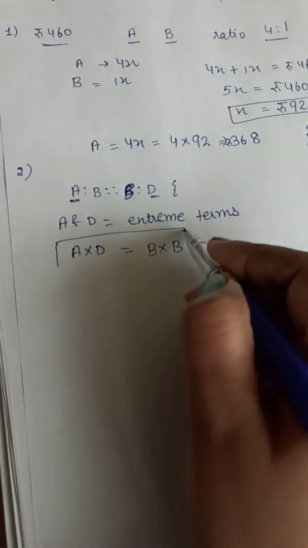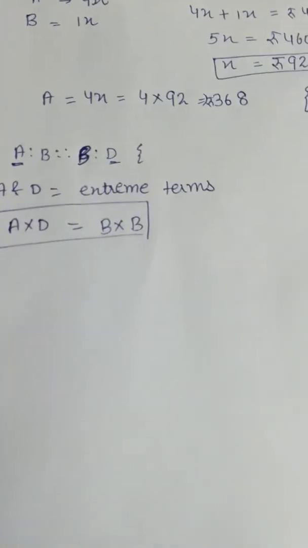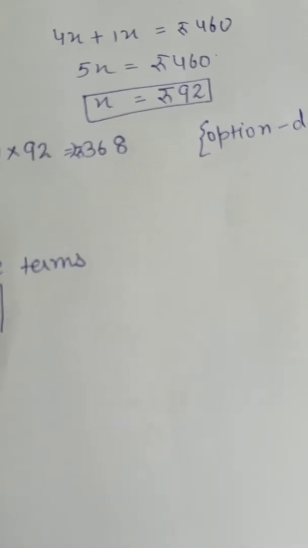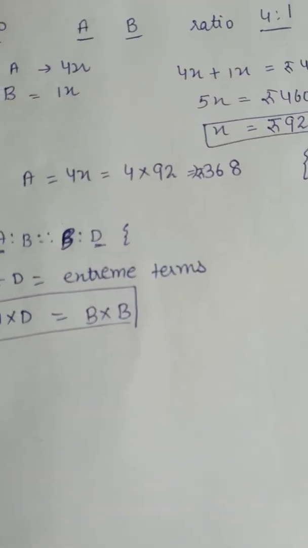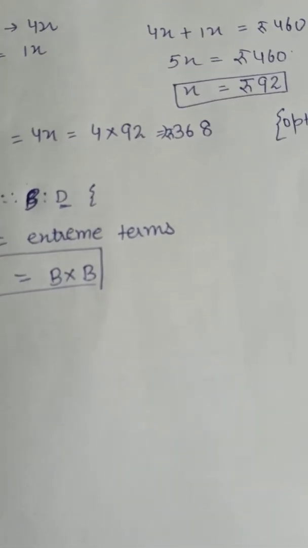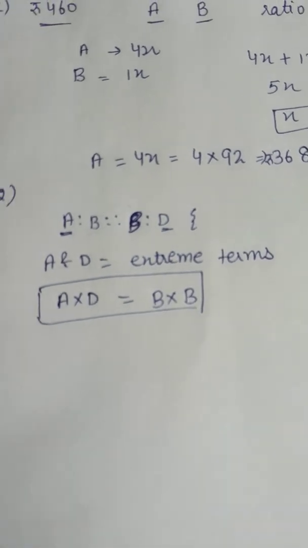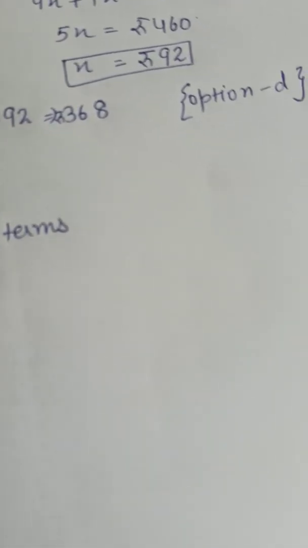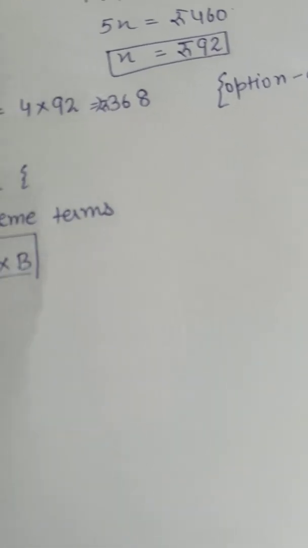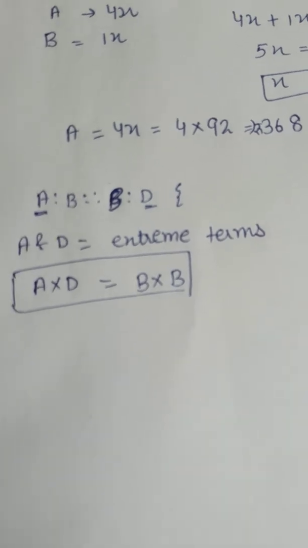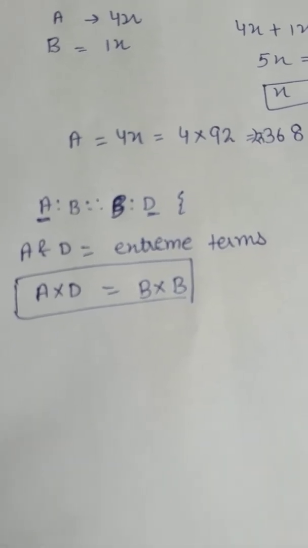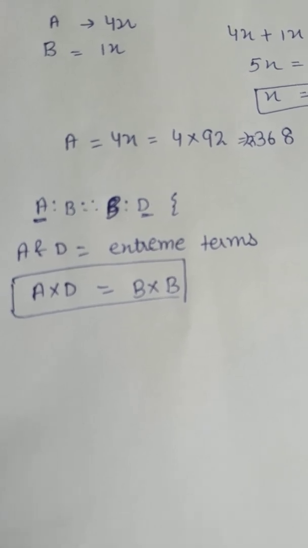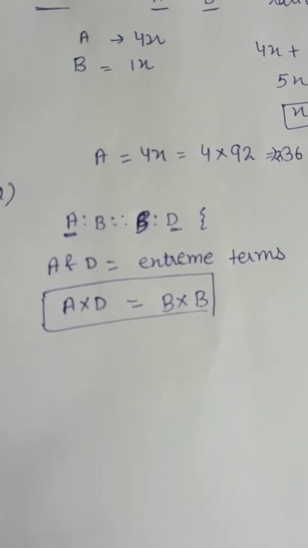Is it right? Is it true or false? So beta, this is true, because this we have studied that the product of extreme terms equals to the product of middle term, right? So this is true, or you can say yes, or if true and false given, then you will say true.